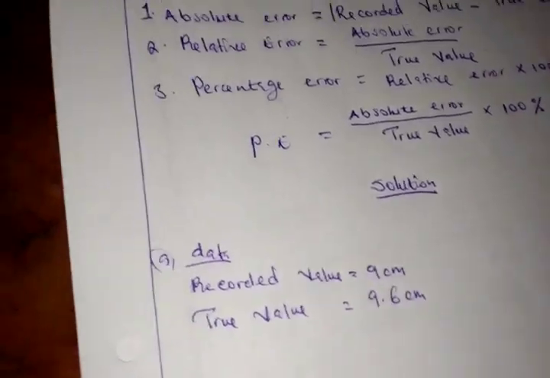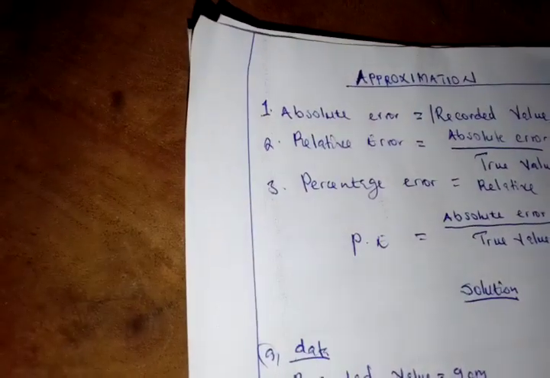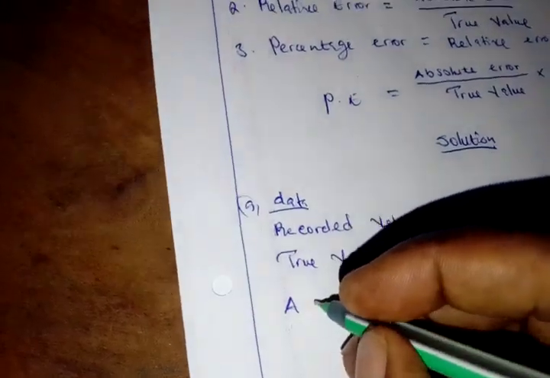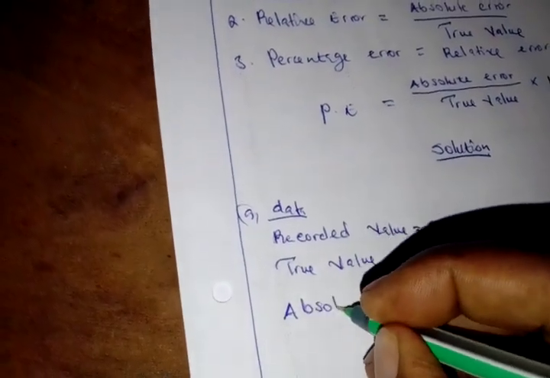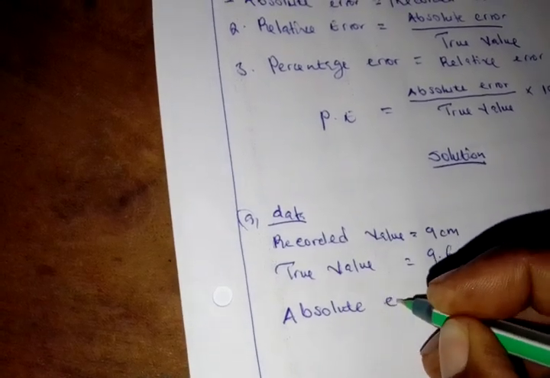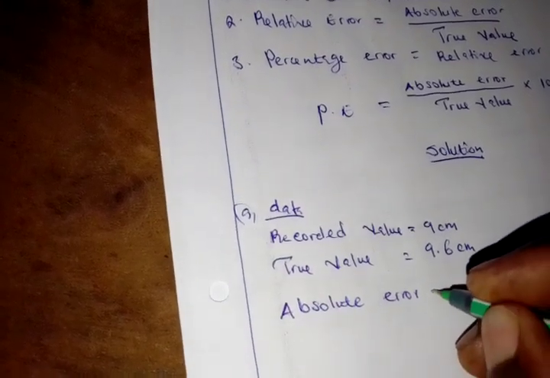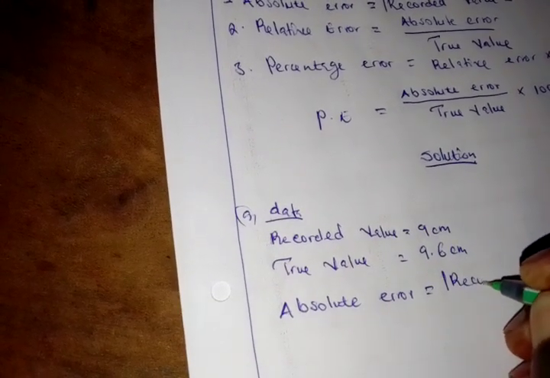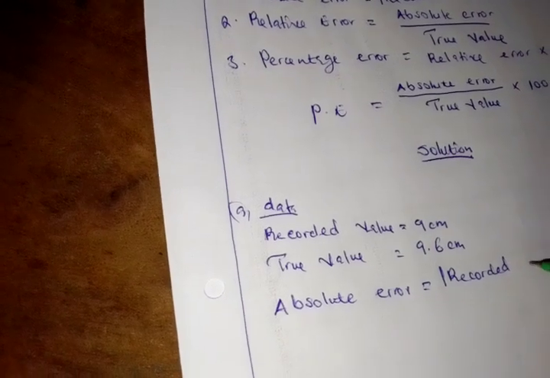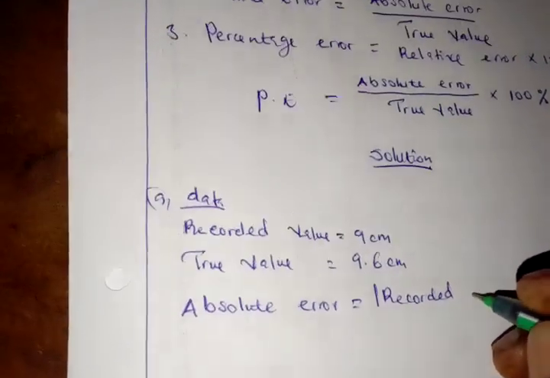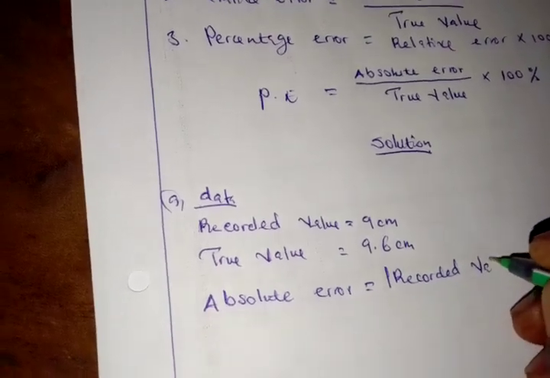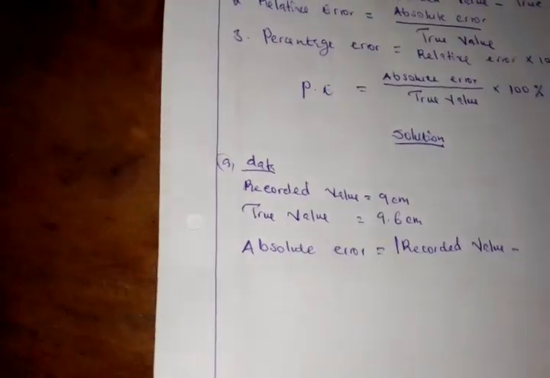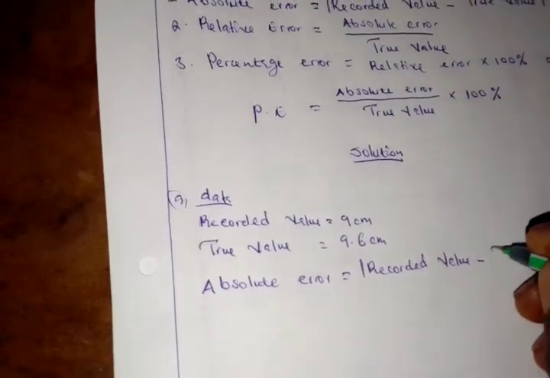So we'll say absolute error is equal to, you put modulus, recorded value minus true value.